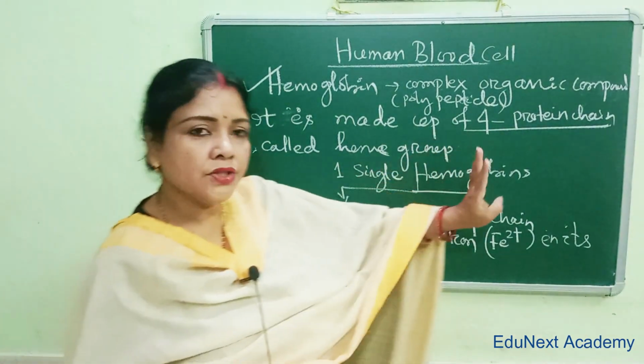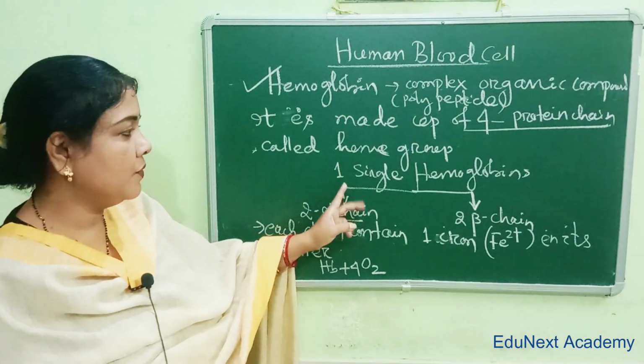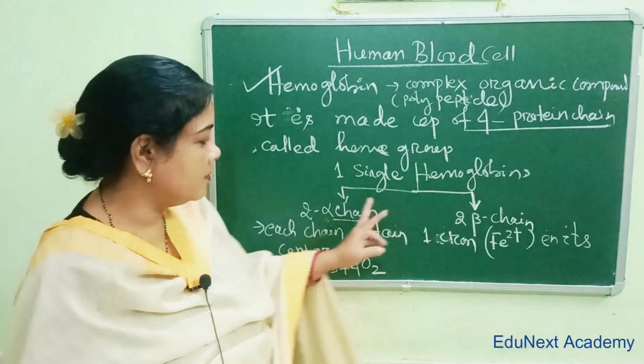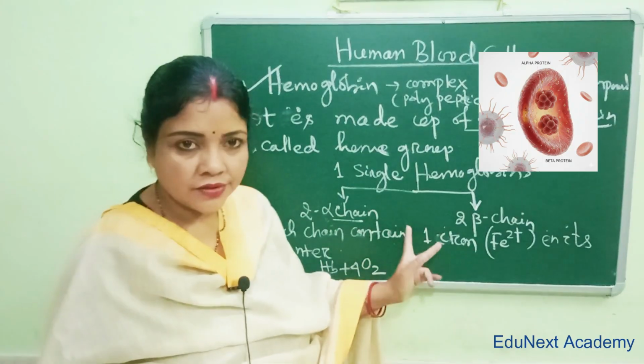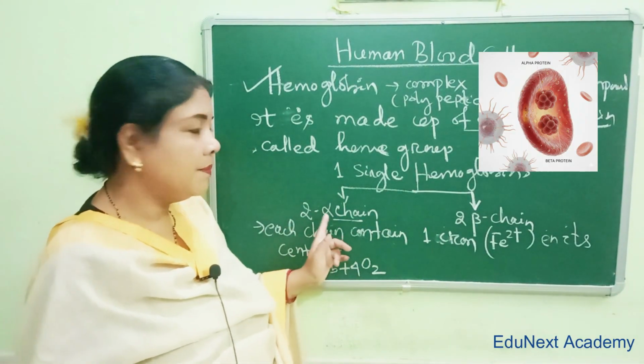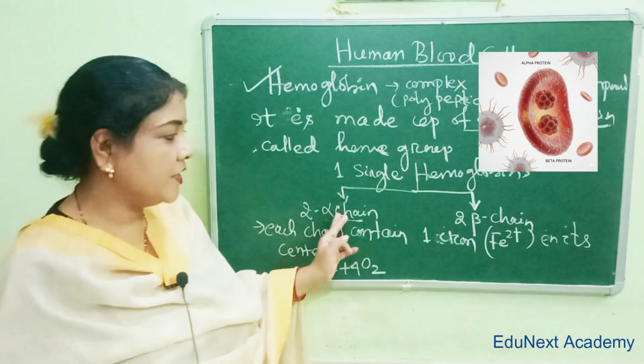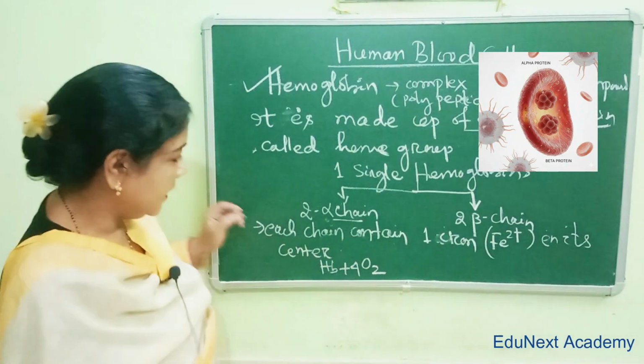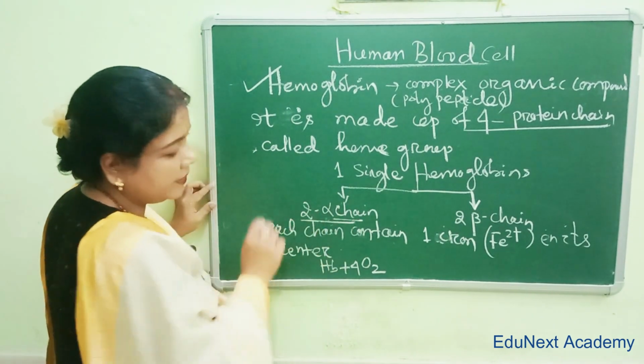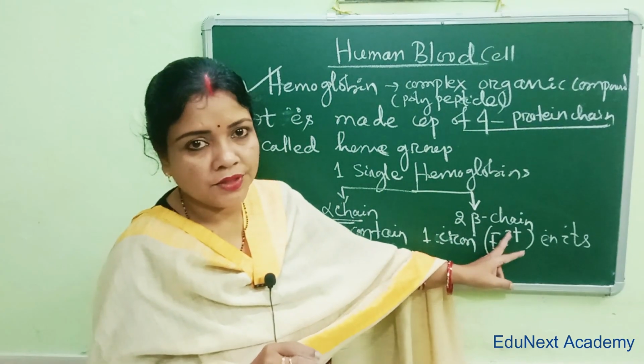So 4 chains means 4 heme groups. A single hemoglobin is divided into 2 types of peptide chain, alpha and beta. There are 2 alpha chains and 2 beta chains.